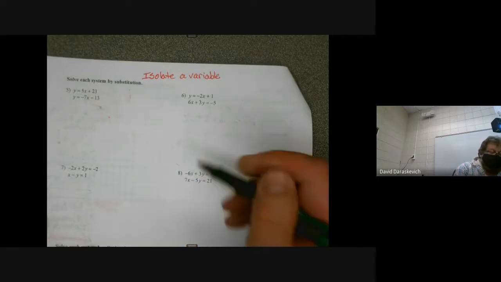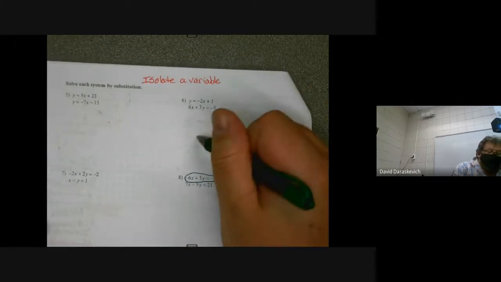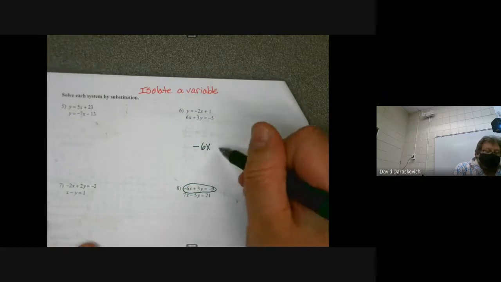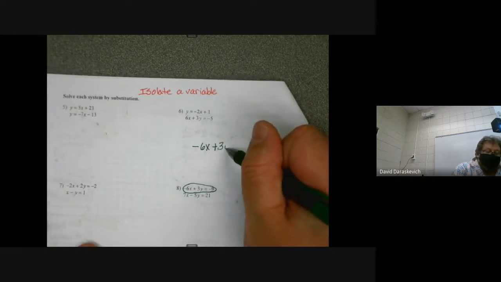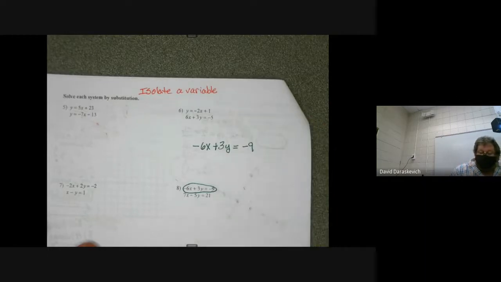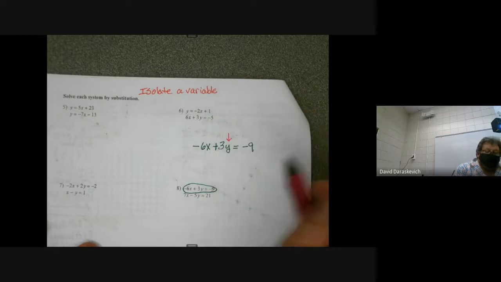So I'm going to take this equation, negative 6x plus 3y equals negative 9, and I'm going to isolate that y. Now you can do the x, it doesn't matter. I just decided to do the y.